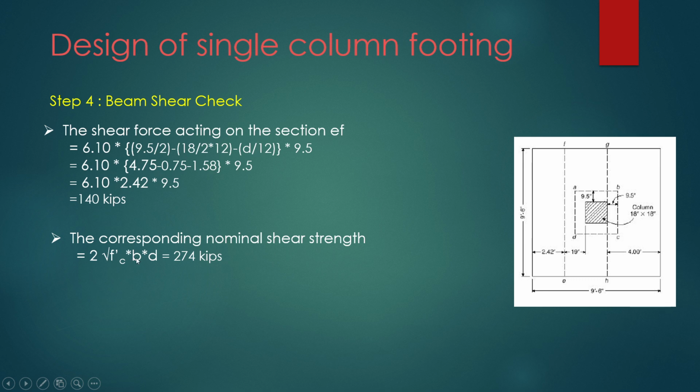Here B equals 9.5 feet, and you need to multiply by 12, and then we get 274 kips, which is greater than the developed shear of 140 kips. That means the 19-inch effective depth is also sufficient for the beam shear check.